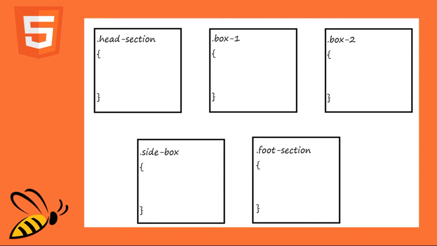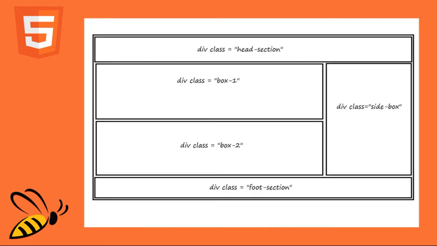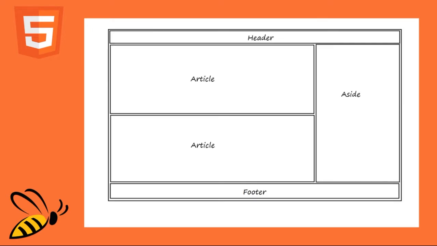In CSS it would show like this: dot head section, dot box 1, dot box 2. The sections are differentiated, so you can't make this easy. For that purpose, HTML5 introduced header section, article section, article, aside, footer. These are more important while using a grid system.